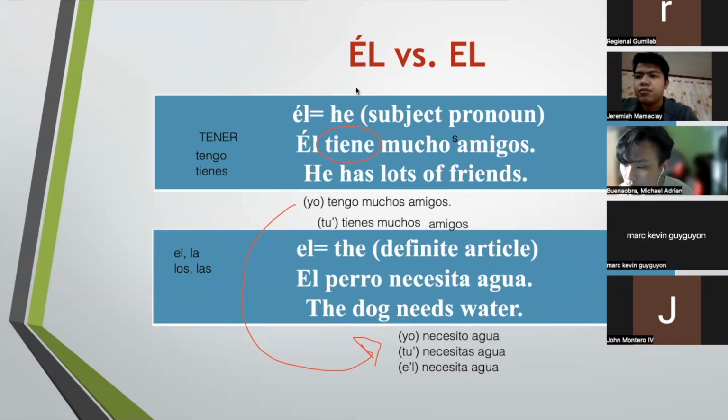Okay. All right. So, any questions so far? So far, so good. Is it confusing? Kasi first person to second person to third person pa lang yan, no?